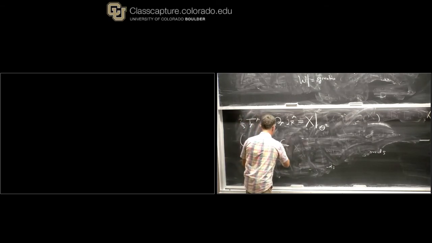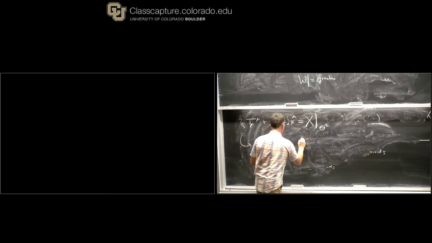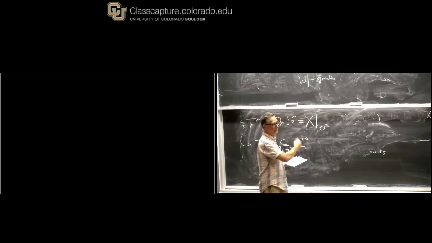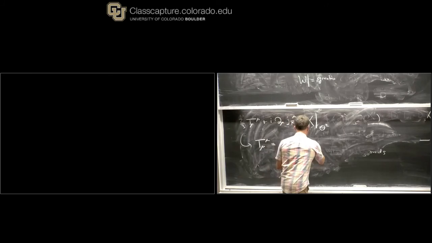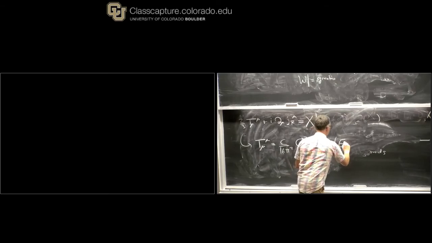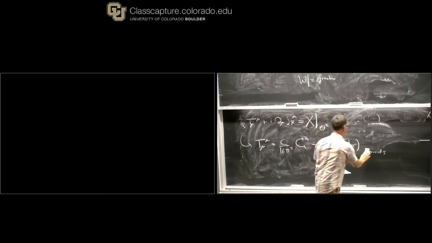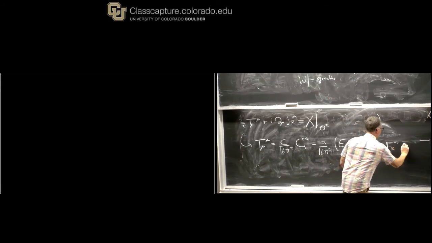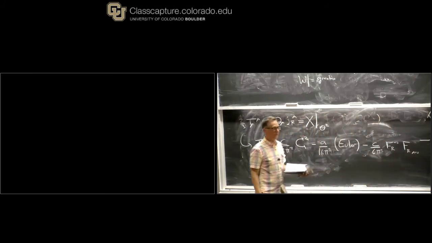It's C over 16 pi squared times, I'm just going to write C squared for the Weyl tensor squared, some contraction of the Weyl tensor that you can form from the Riemann tensor subtracting the traces, minus A over 16 pi squared times the Euler density, minus C over 6 pi squared times F squared, where this is the background field strength for the R symmetry.